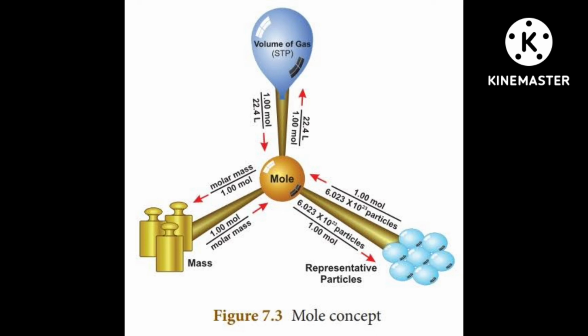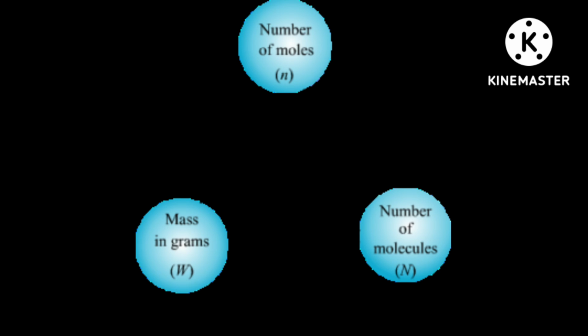12 gram of carbon. How many atoms does it have? That number is important. 12 gram of 12C isotope, how many atoms does it have?